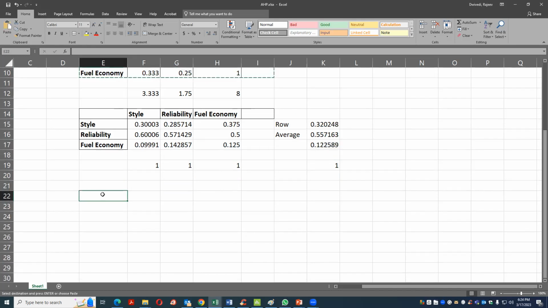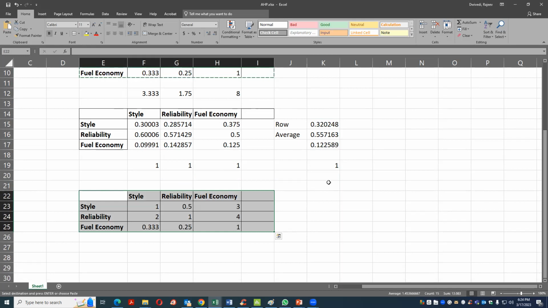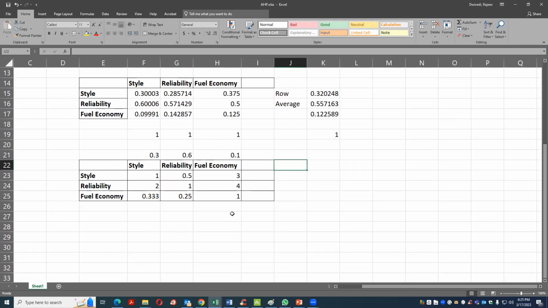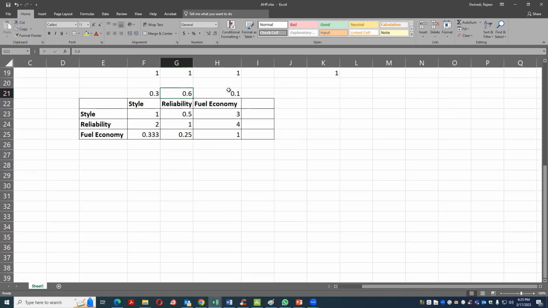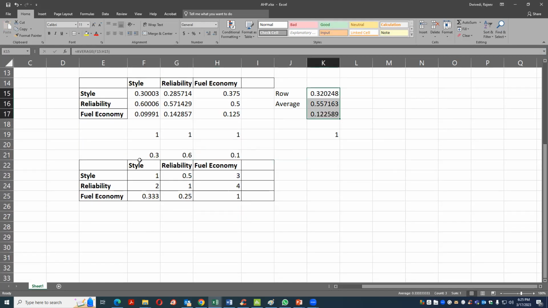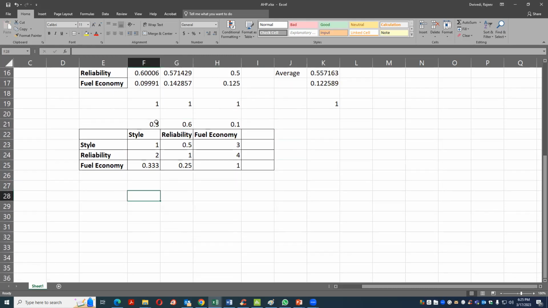So I need to multiply this matrix with these numbers. For simplification, for style I'm just going to put 0.3, then 0.6, and here 0.1. These are the weights that I'm going to use. Now we are going to multiply each of them here.